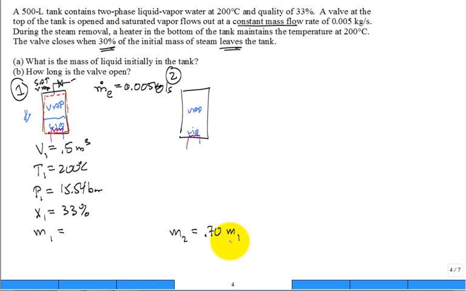Or maybe the subscripting you want to put for this, you say MCV1. What do you mean by CV1? The mass in that control volume, defined to be the tank, at the initial state 1. And then you say MCV2, the mass that's in the tank at state 2. That control volume is my tank. Either way, you put the CV or you just know, hey, that's the mass in the control volume.